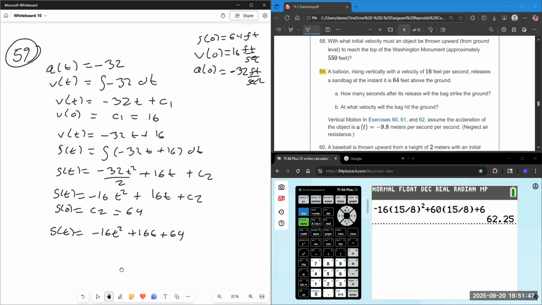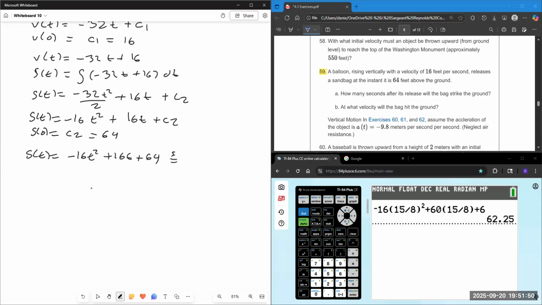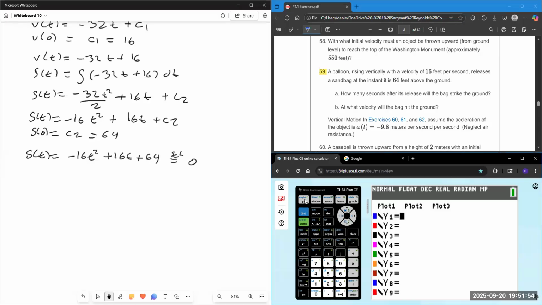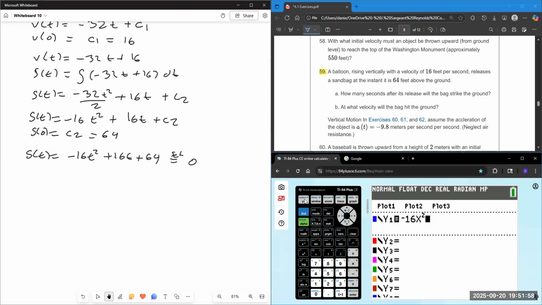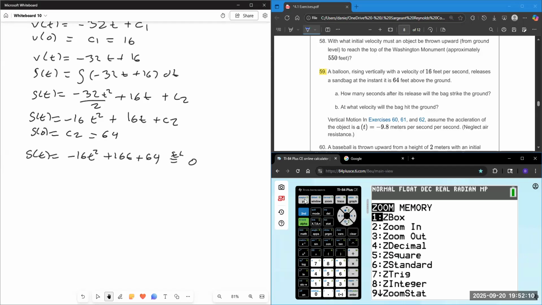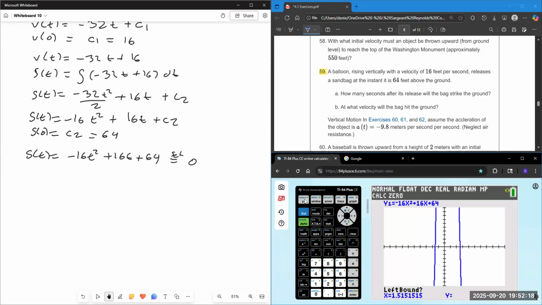So let's set this equal to 0, y equals negative 16x squared plus 16x plus 64, and calculate the zeros. I'm only interested in the positive answer over here, because time needs to be a positive value. So t is approximately 2.5615528.